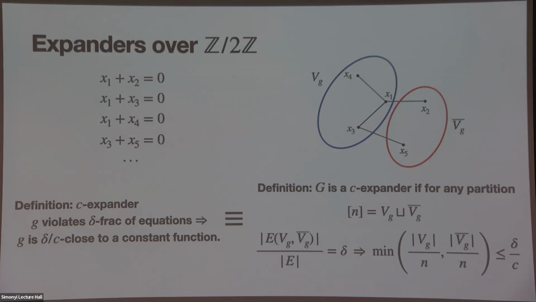Because of that, this equivalently translates to: the fraction of edges across this thing we call a cut is equal to delta. That would imply that the smaller side of these two partitions is relatively small, in the sense that it's at most delta over C. Also, C is usually called the conductance of a graph, but it's probably not too important now.